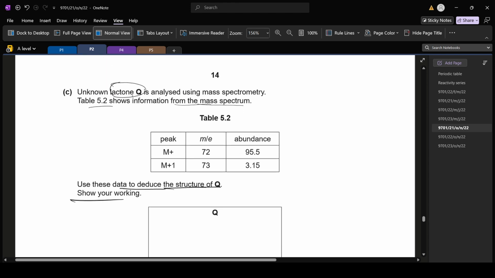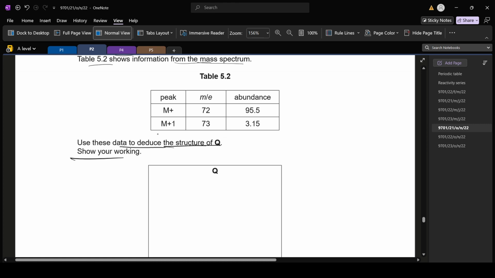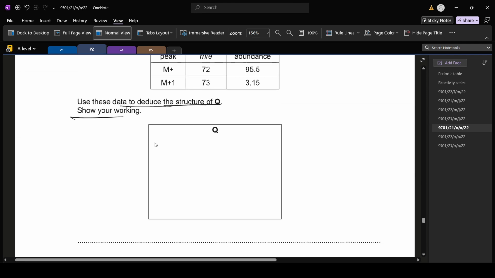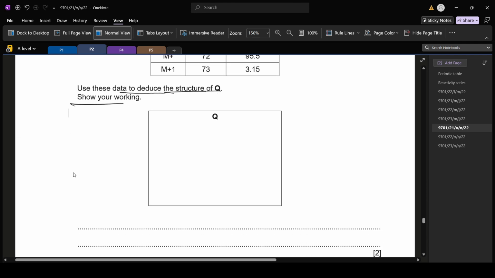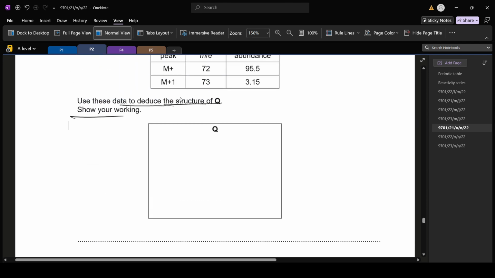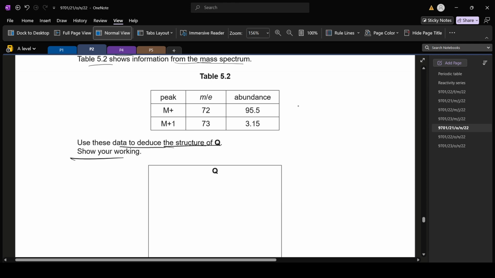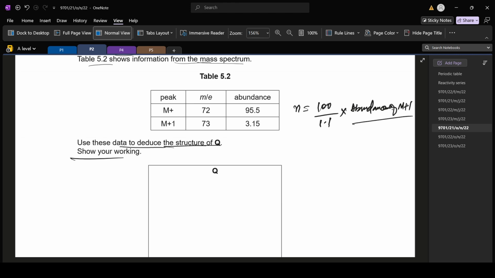The formula to find the number of carbon atoms from this data is n equals 100 divided by 1.1, multiplied by the abundance of the M plus 1 peak divided by the abundance of the M peak.